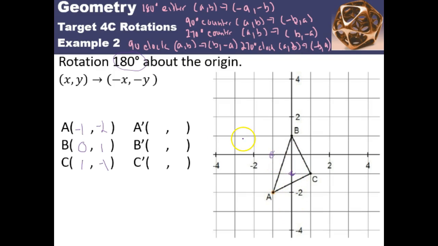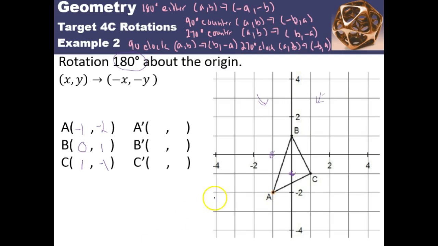Then A, if I move 90, would be somewhere in here, and then another 90 would be somewhere up here. And then C, 90 would get me here, and then another 90 would get me somewhere in here. So I should have 1 point here, 1 point somewhere in this quadrant, and 1 point somewhere in that quadrant.